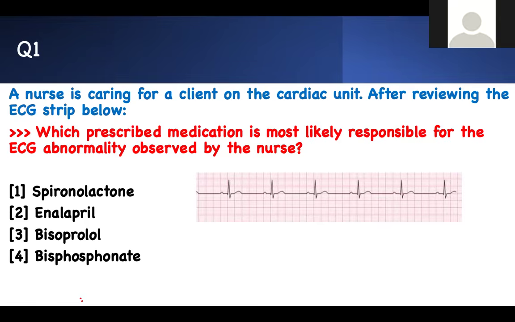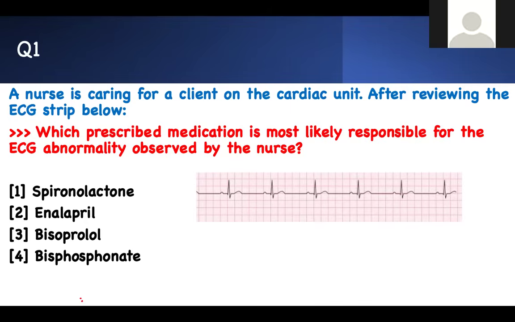Enalapril. This has "-pril" at the end. This is an ACE inhibitor. Bisoprolol. Even if I don't know the beginning of the words, the last 3 letters are okay. It's a "-lol." I'm picking it. Bisphosphonate has no "-lol" at the end. Therefore, what is responsible for that? It's a beta blocker slowing down the heart rate.